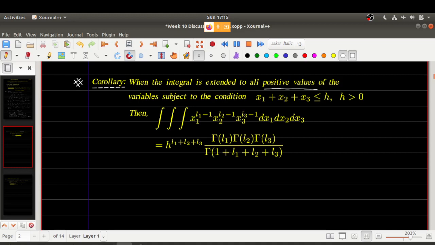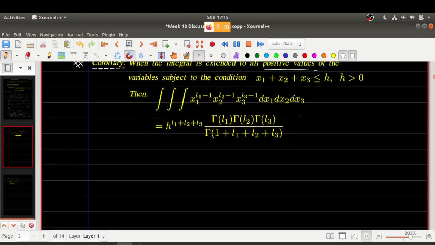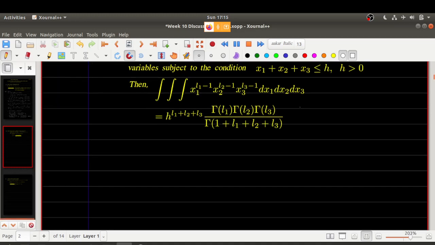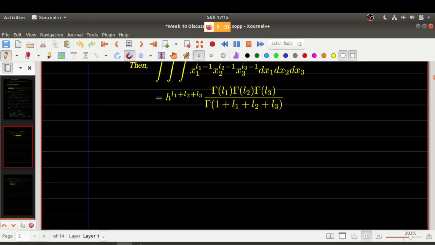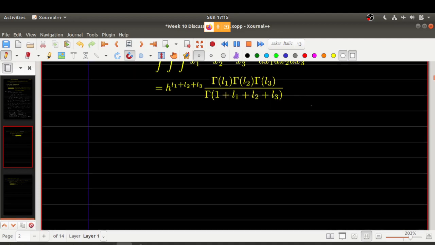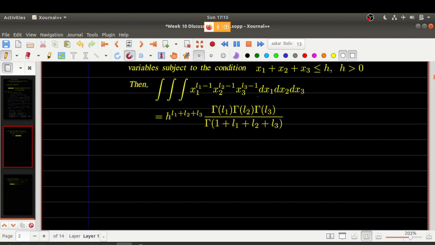Then the integral of x1 power L1 minus 1, x2 power L2 minus 1, x3 power L3 minus 1, dx1 dx2 dx3 is equal to h power L1 plus L2 plus L3 times gamma L1 gamma L2 gamma L3 divided by gamma of 1 plus L1 plus L2 plus L3. You know the result for when h equals 1.